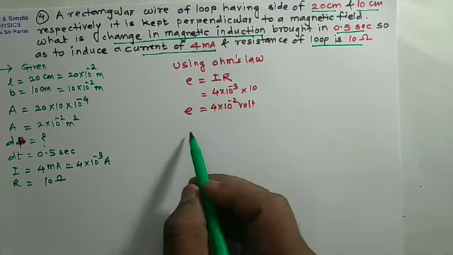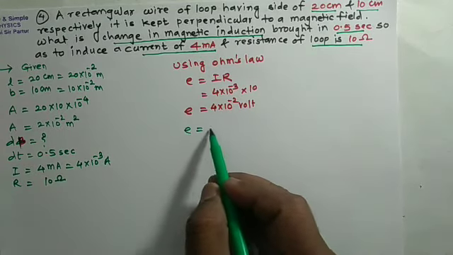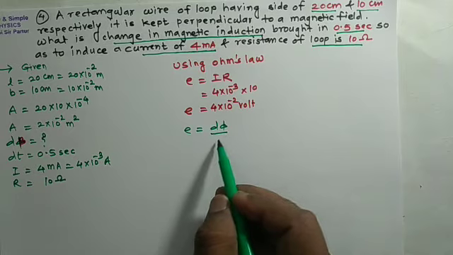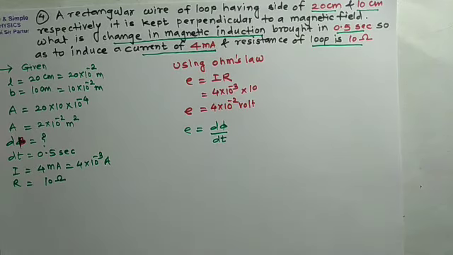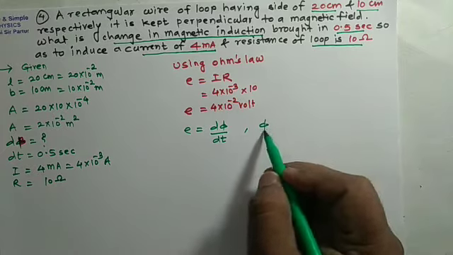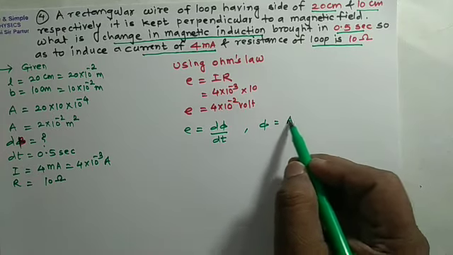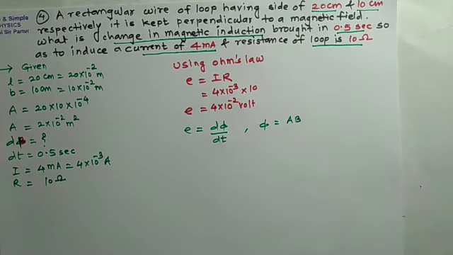But we know the magnitude of EMF will be E equal to d phi upon dt. Here the formula for phi will be A into B, that is the product of area into magnetic induction.